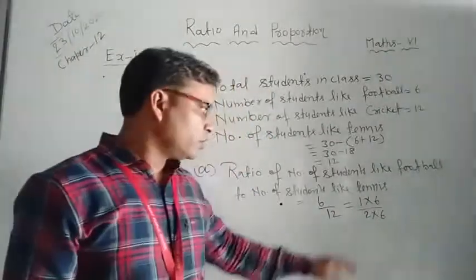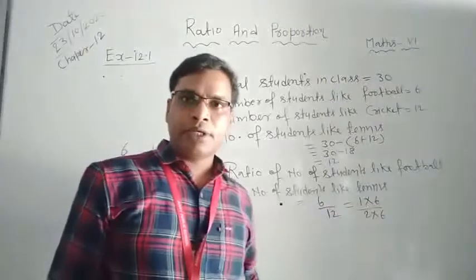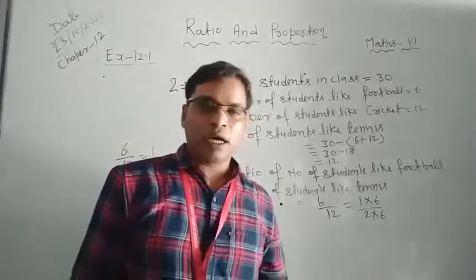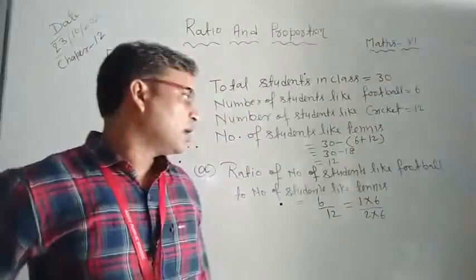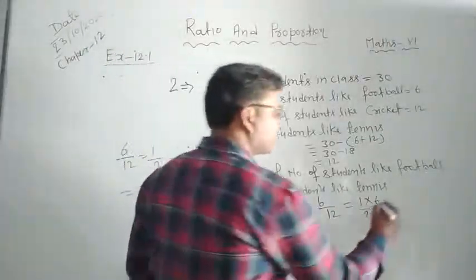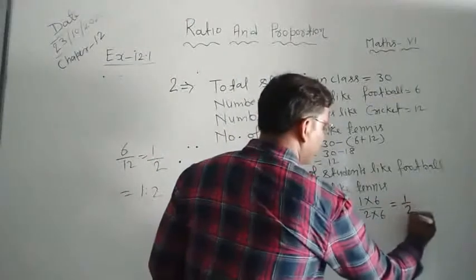Clear? So you can see here in the numerator and denominator of this fraction, 6 is common, so you can cancel 6. Then we have 1 by 2.